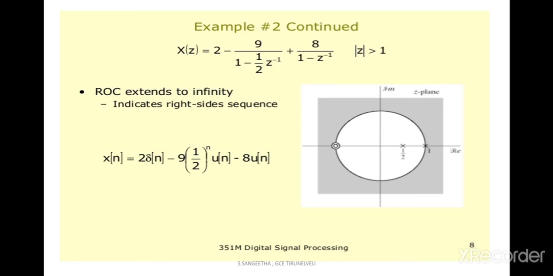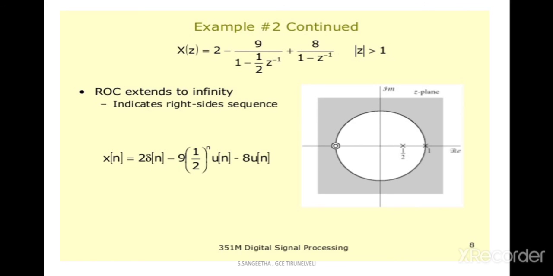Next we are going into another example, that is X of z is equal to 2 minus 9 by 1 minus 1 by 2 z to the power minus 1 plus 8 by 1 minus z to the power minus 1, and the region of convergence will be greater than 1. So this is example 2. You have to find the x of n. Here the region of convergence extends to infinity, that means it indicates a right-sided sequence.